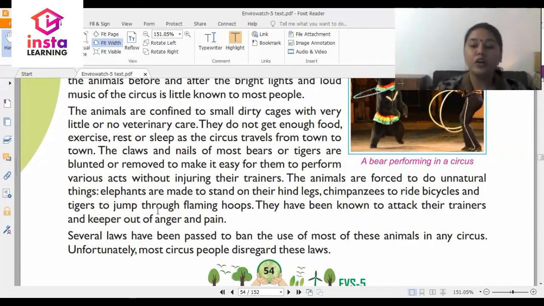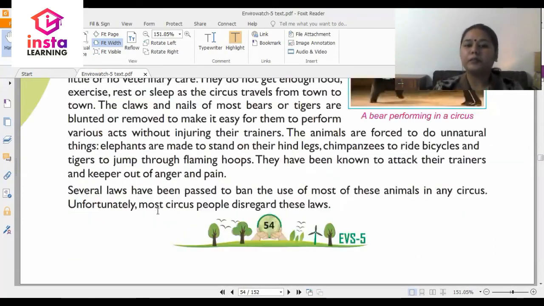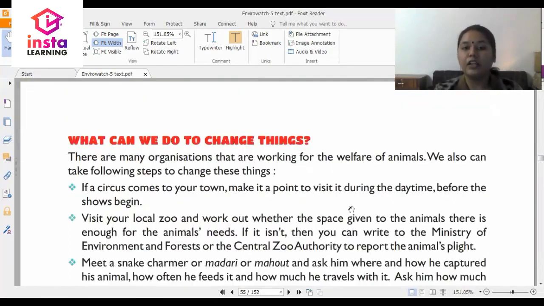You might have seen hoops with fire around them, and tigers are trained to jump through this fire loop. But again, this can prove dangerous for the tiger. Several laws have been passed to ban the use of most of these animals in any circus. Unfortunately, most circus people disregard these laws.